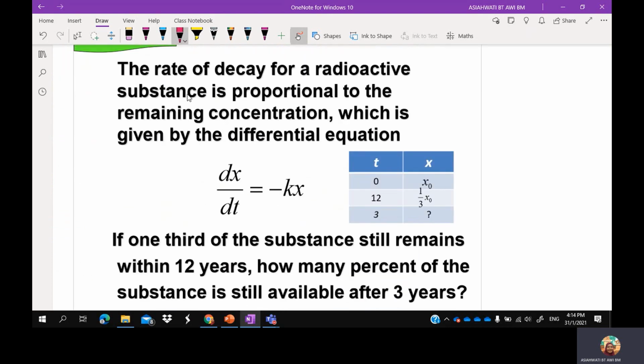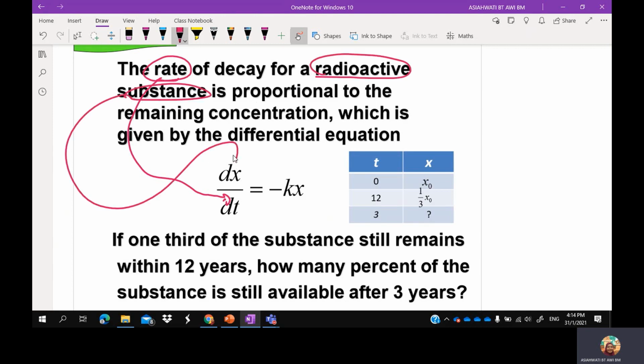Example 1. The rate means it involves time t, and decay for a radioactive substance. Talking about the radioactive substance, refer to x. So this is actually our variable x. The rate of decay of the radioactive substance, dx/dt, is proportional to the remaining concentration.